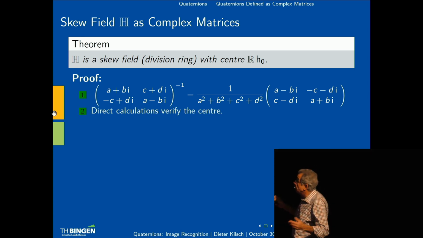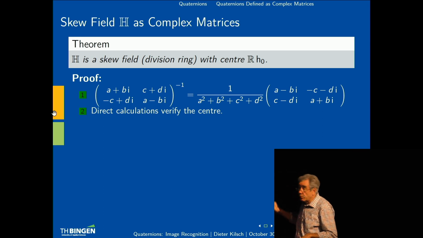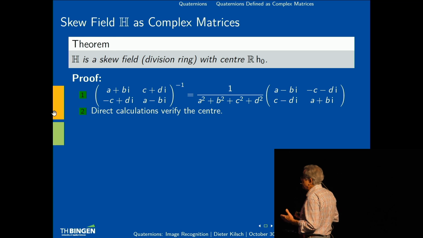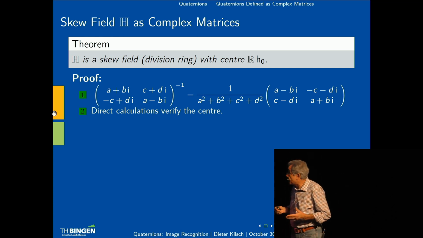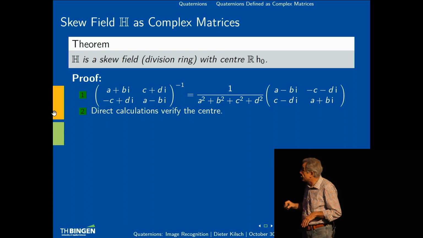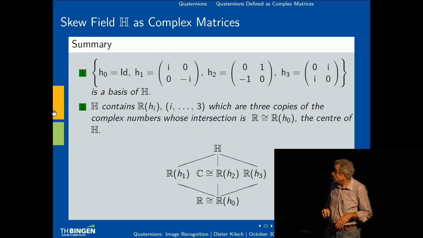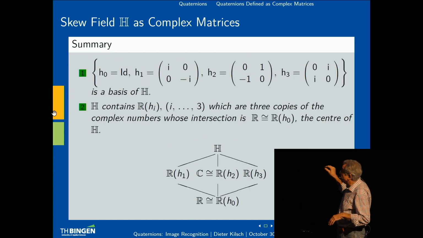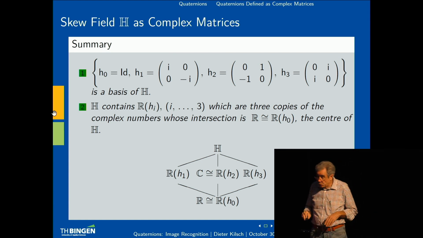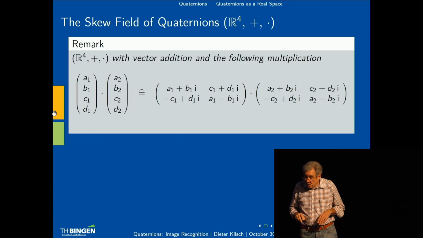Okay, and what I stated here as well, the center of the Hamiltonians are the real numbers, and this you can check by direct calculations. So in a way, we have the base of the Hamiltonians, we have 3 copies of the complex numbers, which are here, and in the middle we have the center of the Hamiltonians, which is the real part.